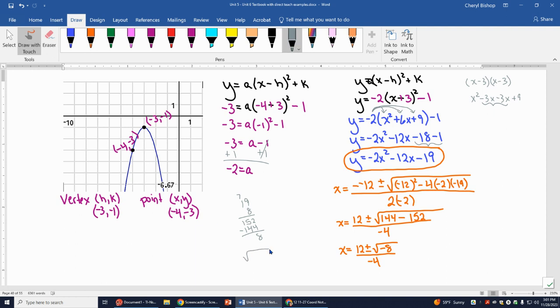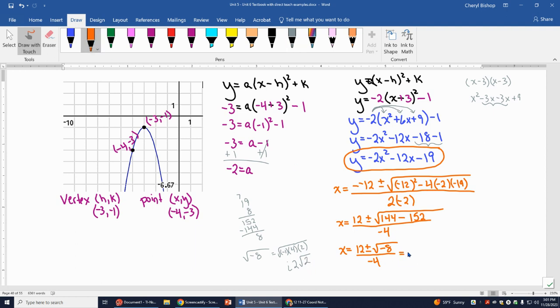So the square root of negative 8 is going to be the square root of negative 1 times 4 times 2. The square root of negative 1 is i. The square root of 4 is 2. And then this 2 is left inside. I can't square root the 2.